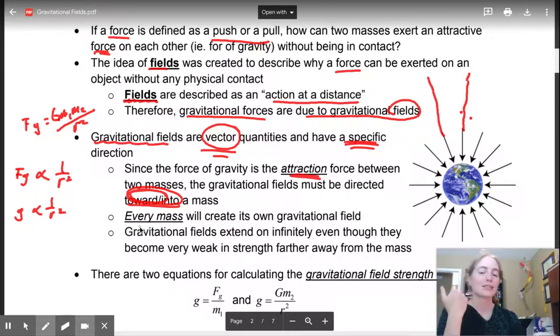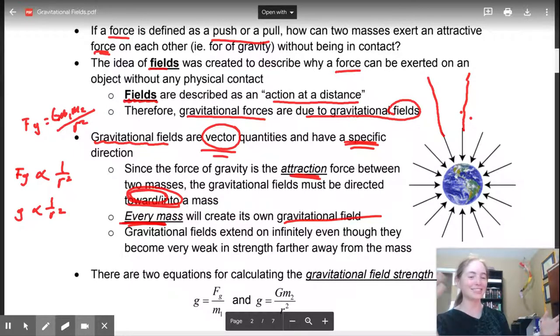Okay. So, ladies and gentlemen, please recall every mass has its own gravitational field. Because we ourselves are masses, and because gravitational fields are attractive fields, are we all attractive? Absolutely. Gravitational fields extend out essentially infinitely.